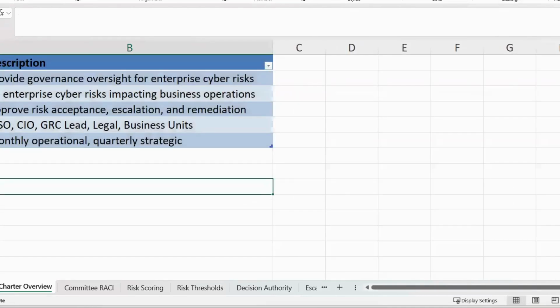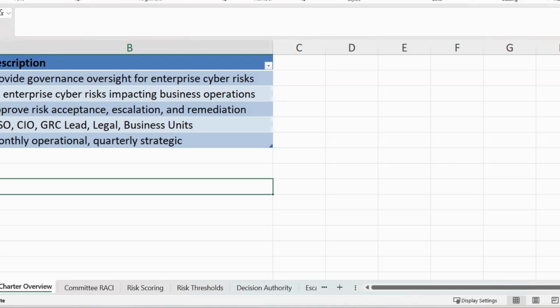So first thing is to establish the objective of the committee, your why the committee exists. You provide oversight of cyber risk posture. You align cyber risk with business objectives to ensure risk-informed decision making, and this acts as approval authority for, for example, risk acceptance, exceptions, and major remediation investments in the organization.